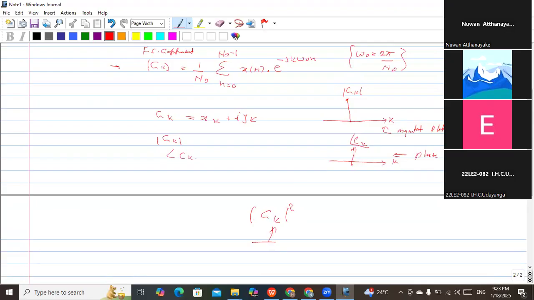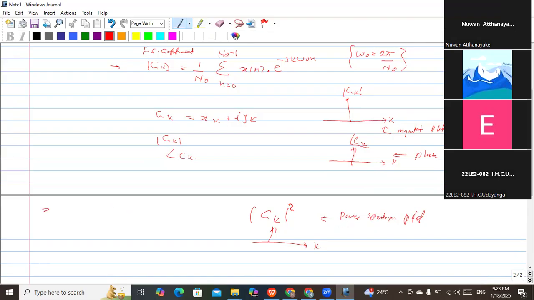If you take the square of the magnitude and plot it with respect to k, this is called the power spectrum. This is a magnitude plot, and this is a power spectrum plot. If you scale this, it is the signal's power.